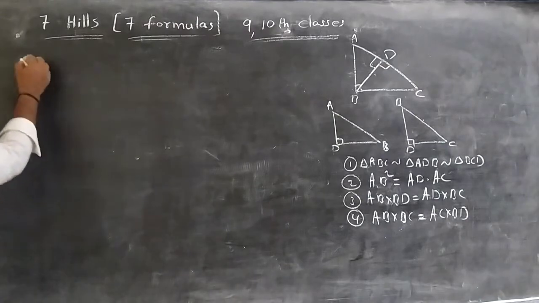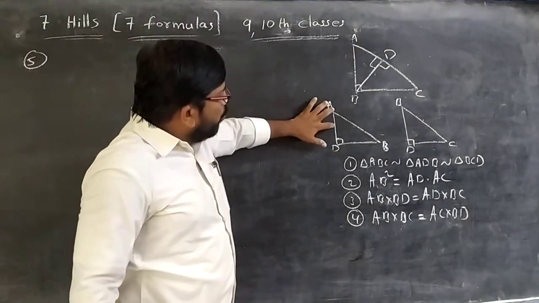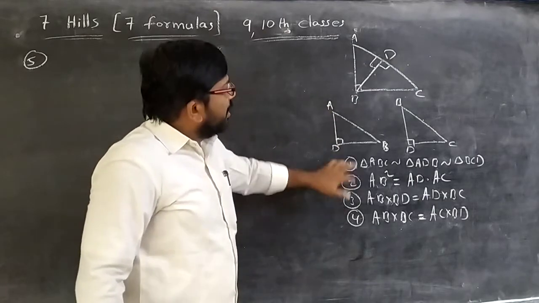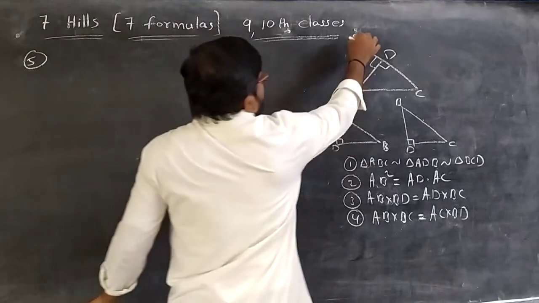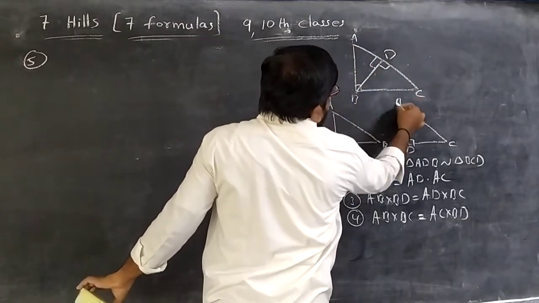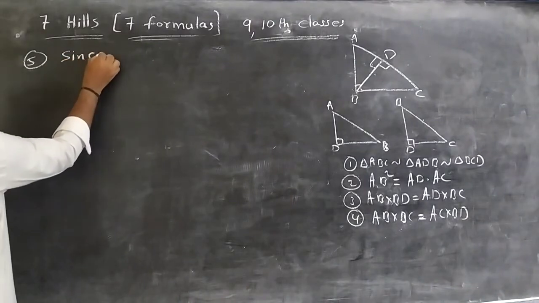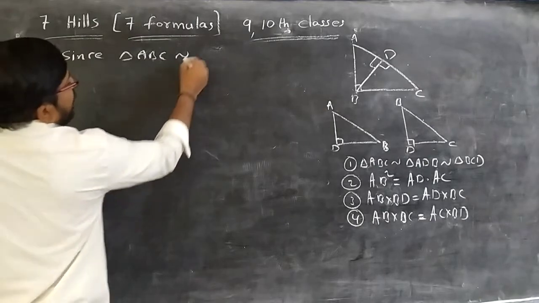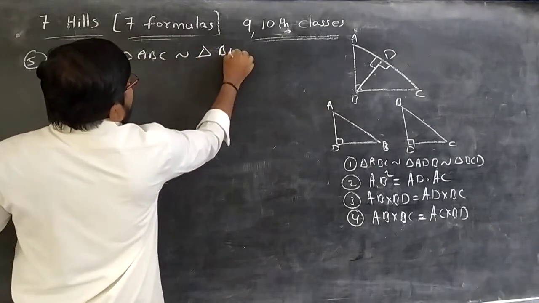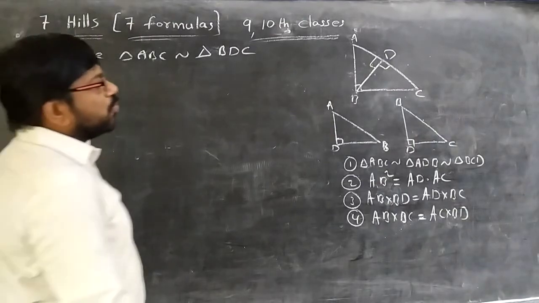So now the fifth one. By taking these two, we get it. Since triangle ABC is similar to triangle BDC, corresponding sides are in proportion.